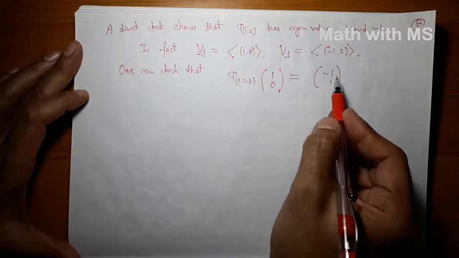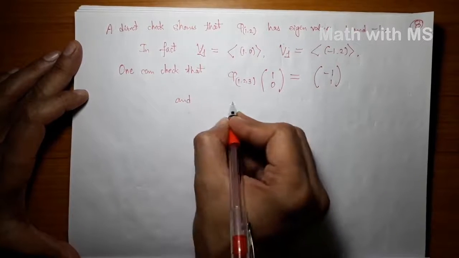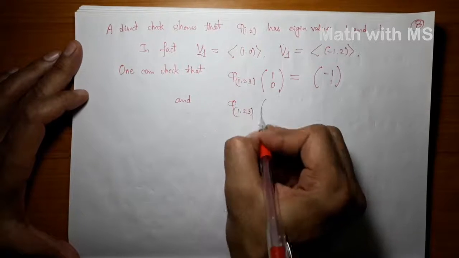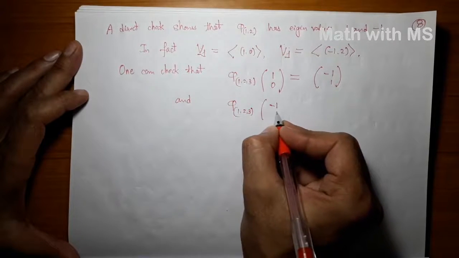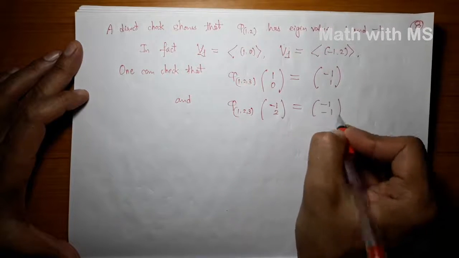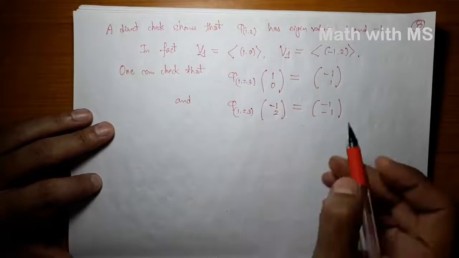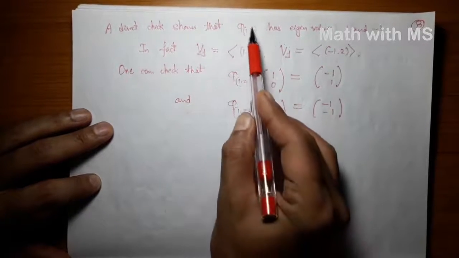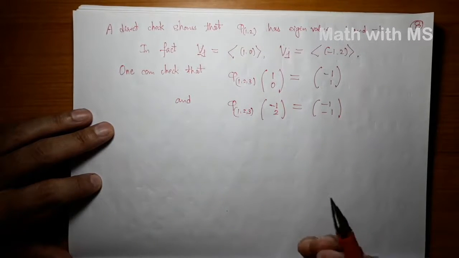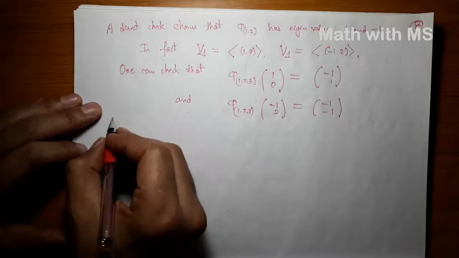This you certainly cannot write as a scalar multiple of (1, 0). And in fact phi of (1 2 3) acting on the other vector (-1, 2) turns out to be (-1, -1) again. This you cannot write as a scalar multiple of this, okay. So therefore the matrices phi (1 2) and phi (1 2 3) cannot have any common eigenvector, which is a contradiction, right?